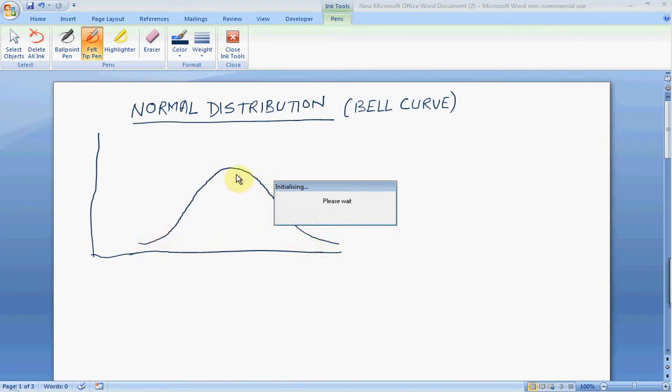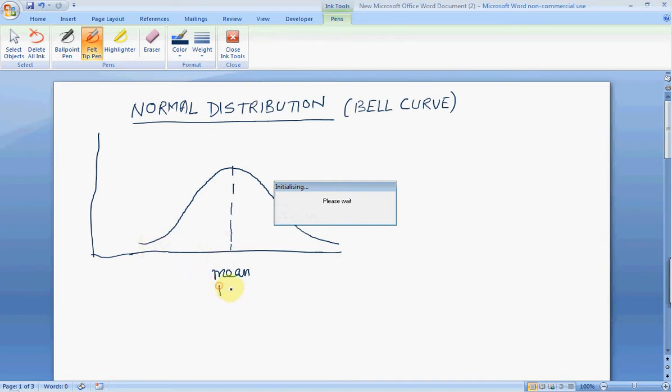So this is what I will get: a curve in the shape of a bell. What it says is that most of the people would be here at the top, and this would be the mean, where the majority of the sample would be centered. As I go to the left, there will be fewer people.